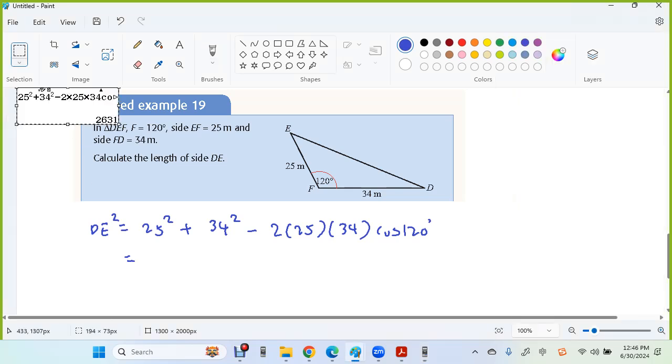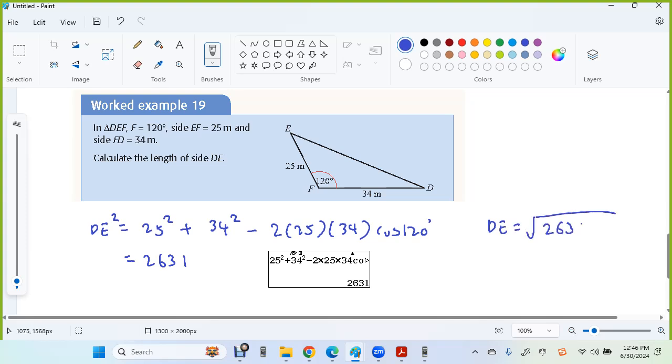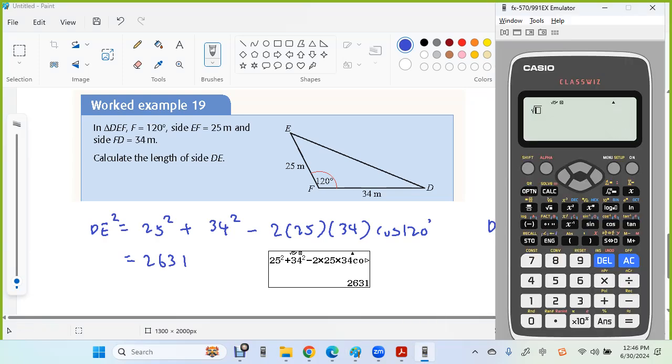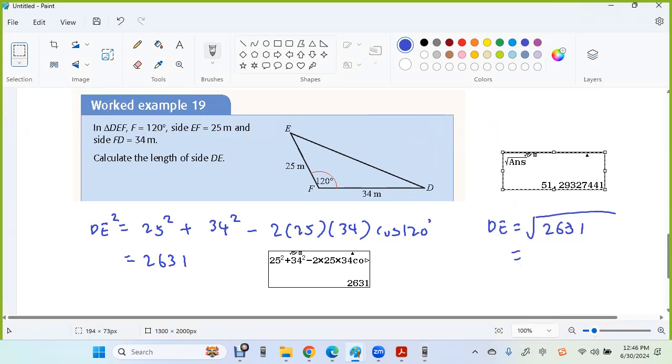Then we get 2631, so DE will be the square root, which is 51.3 cm. This one is also SAS.